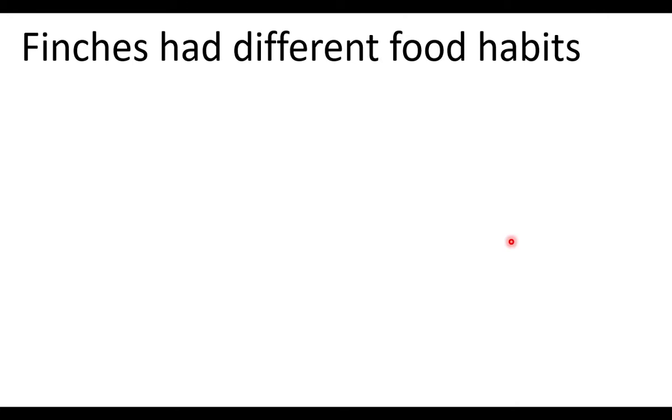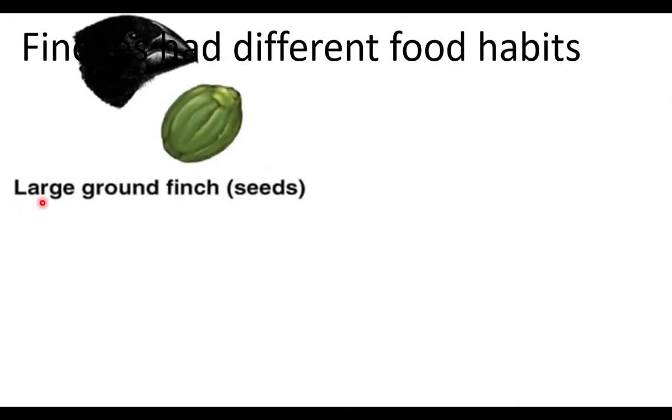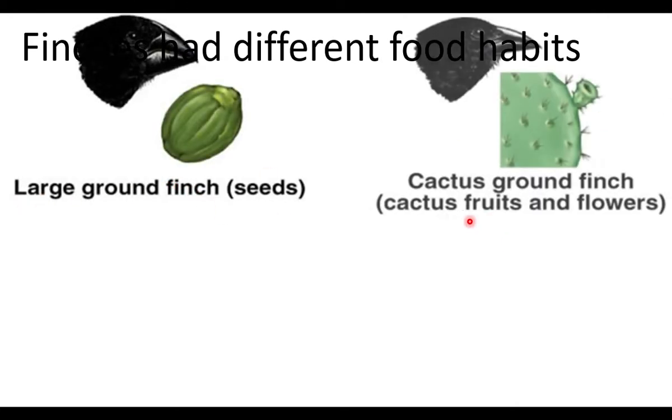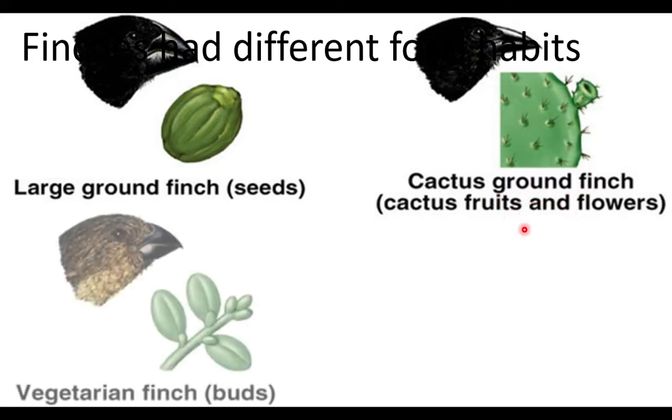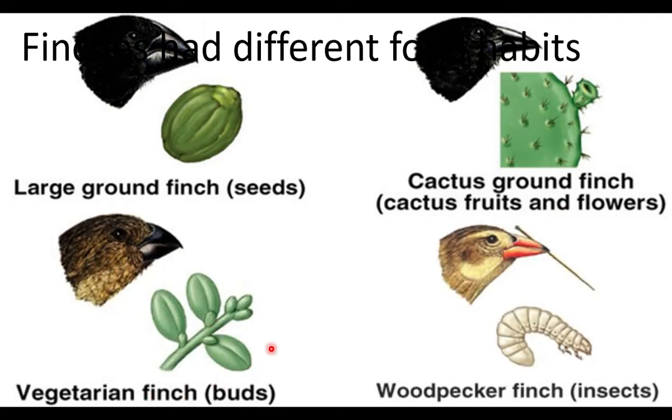Finches had different food habits. Some were seed eating. Cactus ground finch eats fruits and flowers. Vegetarian finch eats buds. Woodpecker finch is able to eat insects because of the particular shape of its beak.